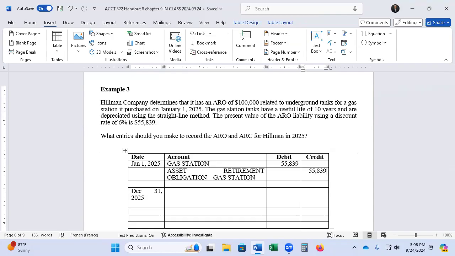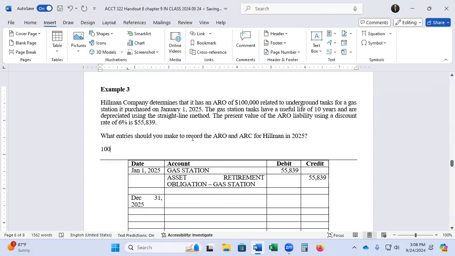So now it says it uses straight line, which if it's not material, GAAP doesn't care. If it's material, then GAAP would care and say you have to use the effective interest rate method. But here we take 100,000 and we subtract the 55,839.